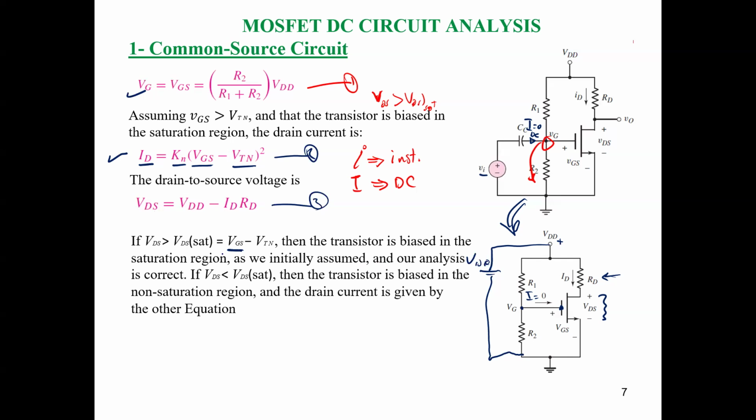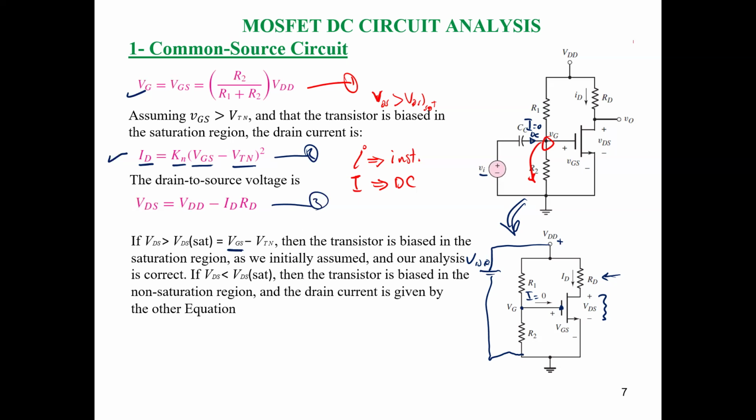If VDS is greater than VDS saturation, which you calculate as VGS minus VTN, then our assumption was correct. What's the assumption? The assumption of working in the saturation region.